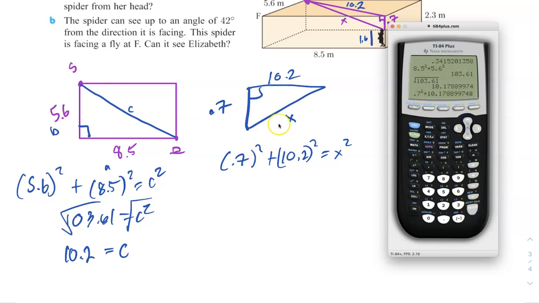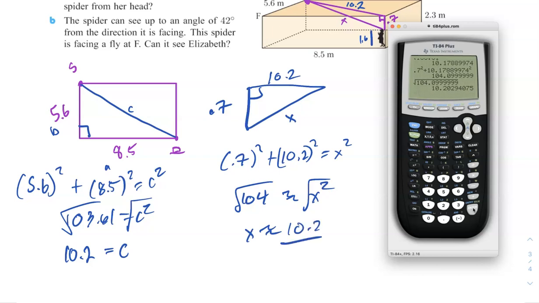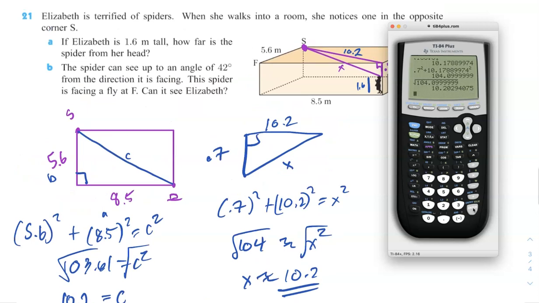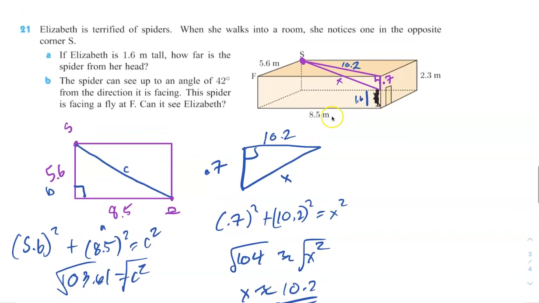If the question was to first figure out this side, then I would just use 10.2, but since that's not the question, I'm going to solve for x and square root that. We get approximately 104 for x squared, and then x is approximately 10.2. So 10.2 meters from her head. That's part A: how far is the spider from her head? About 10.2 meters.